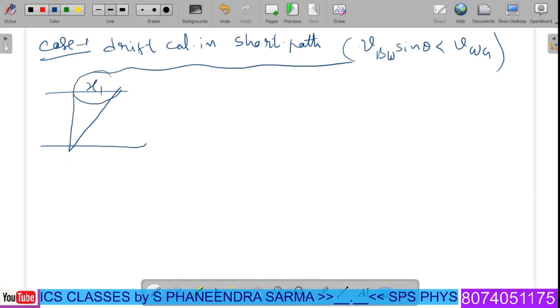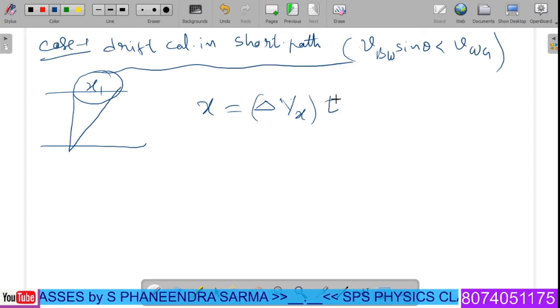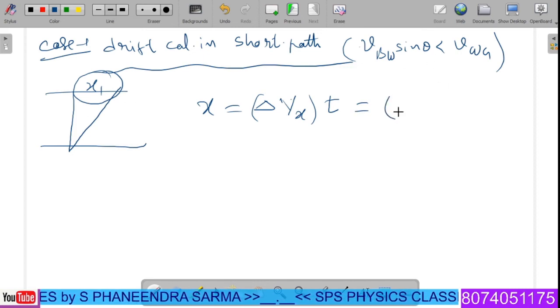This particular x1 is caused because of the relative velocity along the horizontal direction into time of journey. So relative velocity means what? The excess velocity between these two things. So VWG is dominating.